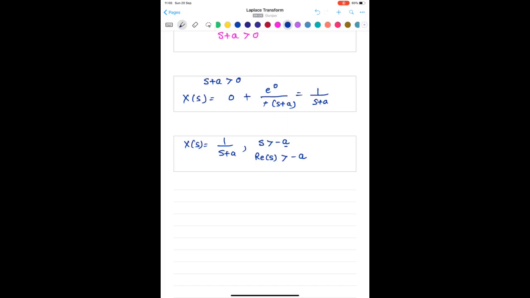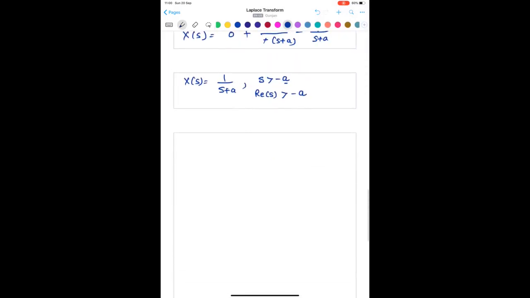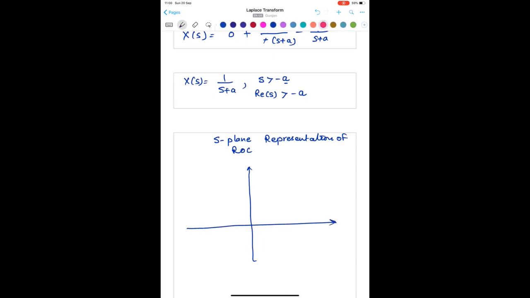So if I plot this on a plane, the S plane representation of my ROC, you can say this is your sigma.